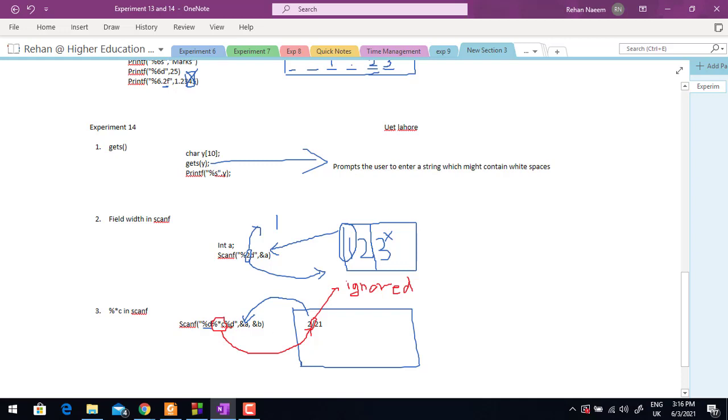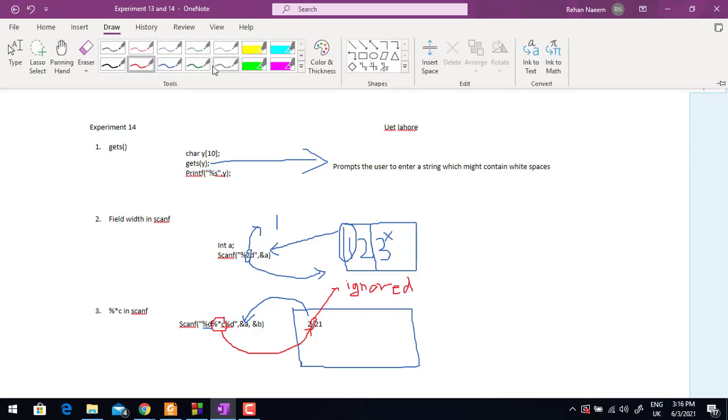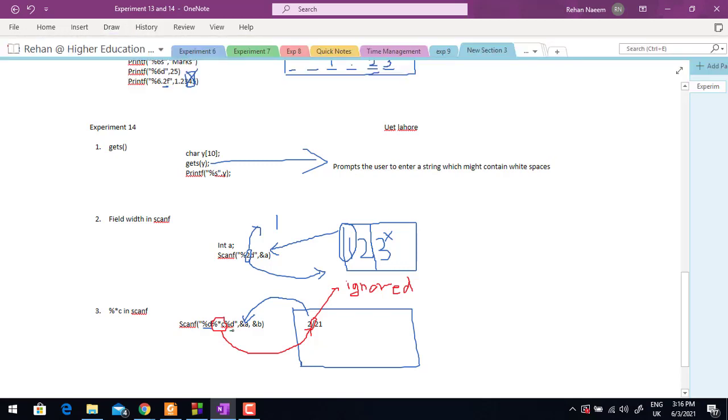Whereas this %d indicates to the computer that the integer entered by the user after the character /, which is 21, is to be stored in variable b.